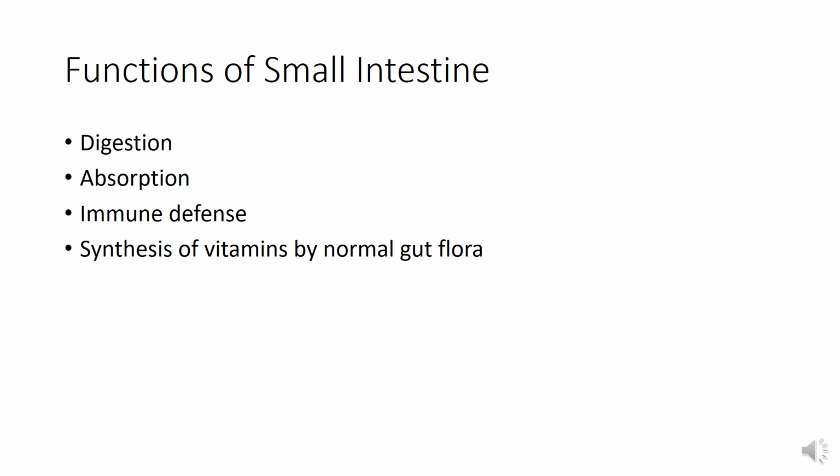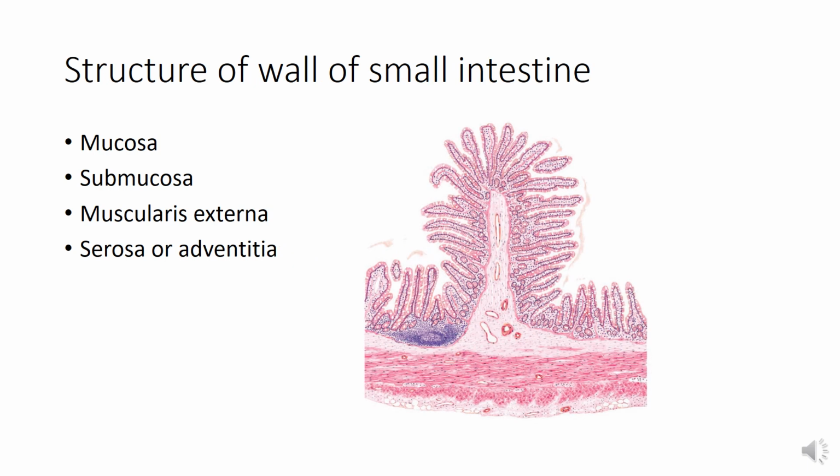As I always emphasize, the histological structure always correlates with the function, and the function always correlates with the histological structure. So, structure of the wall of the small intestine.